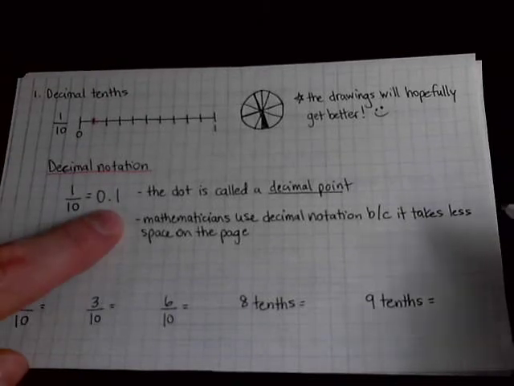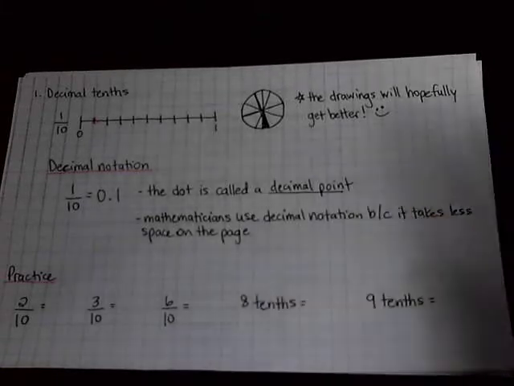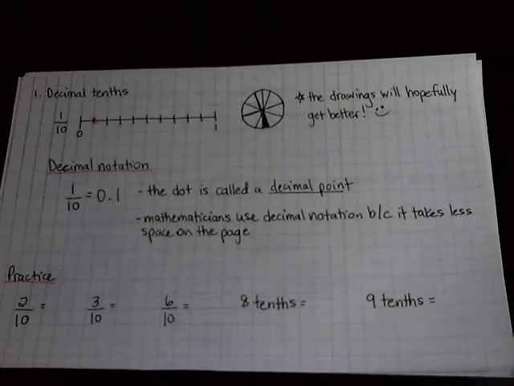And so this is called decimal notation. We use decimal notation because it takes less space on the page. I've said before that mathematicians are always looking for shorter, quicker ways to write things out. And so decimal notation is a quicker way to write those kinds of fractions, and they represent the same thing.